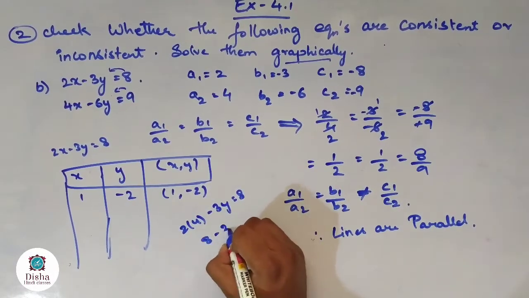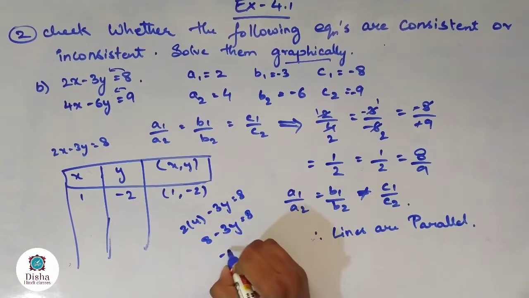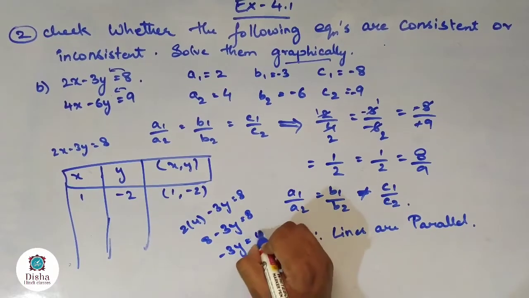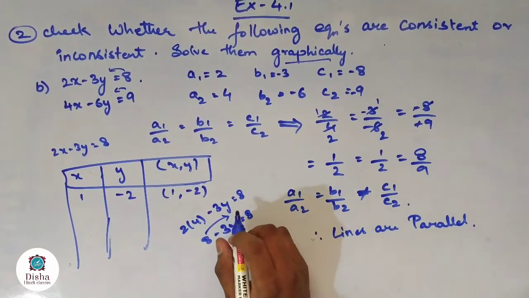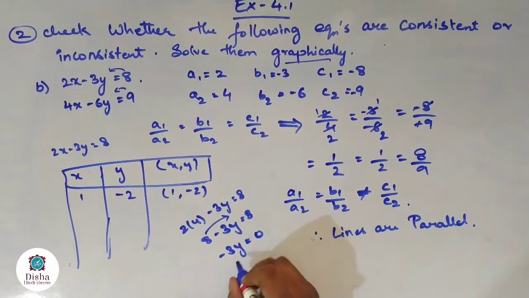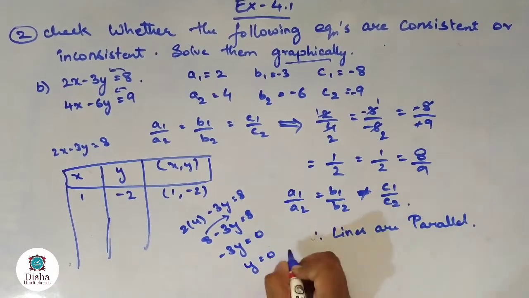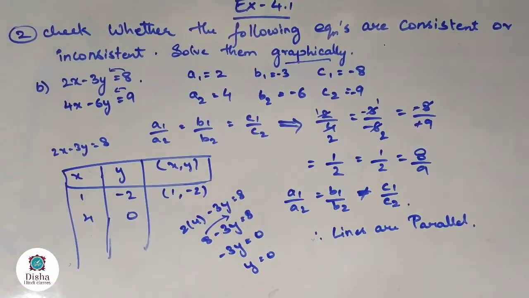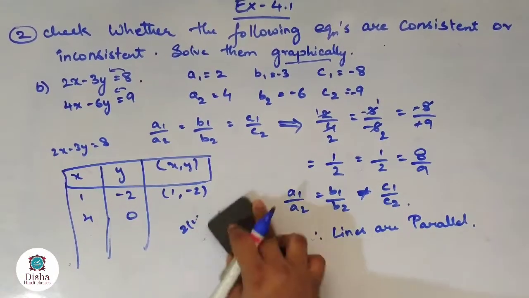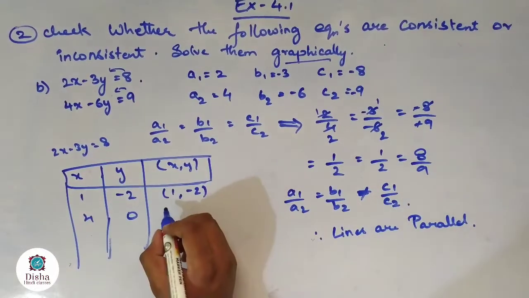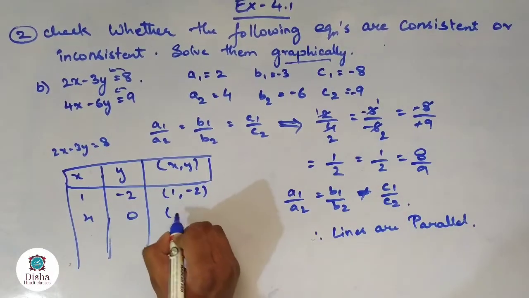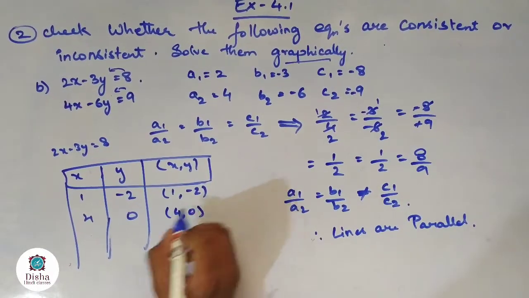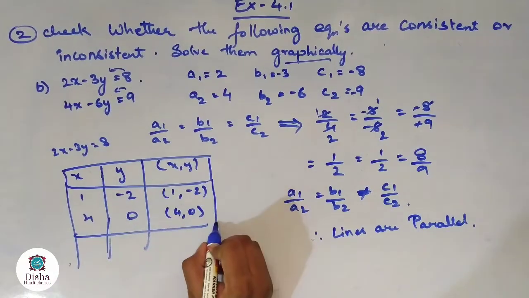So 8 minus 3y equals 8. Minus 3y equals 0, because this 8 will go to the RHS and become minus 8. So y is also equal to 0. So x will be 4, y will be 0. In this way you have to cross verify everything in a trial and error method. So x is 4, and here we got 2 points for this.